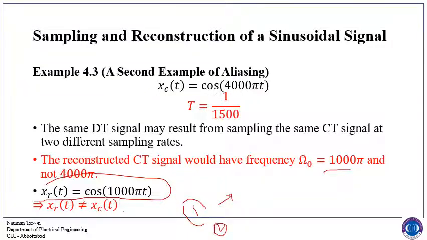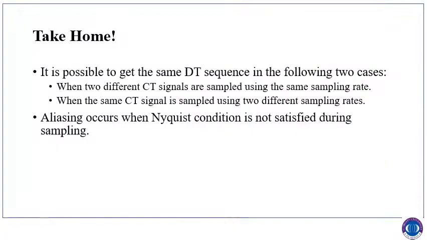Number two, we get the same discrete time signal if we have the same sampling rate but different continuous time signals. So takeaway, it is possible to get the same discrete time signal in two scenarios: when two different continuous time signals are sampled using the same sampling rate, as we have seen in the first and second example, and when the same continuous time signal is sampled using two different sampling rates.